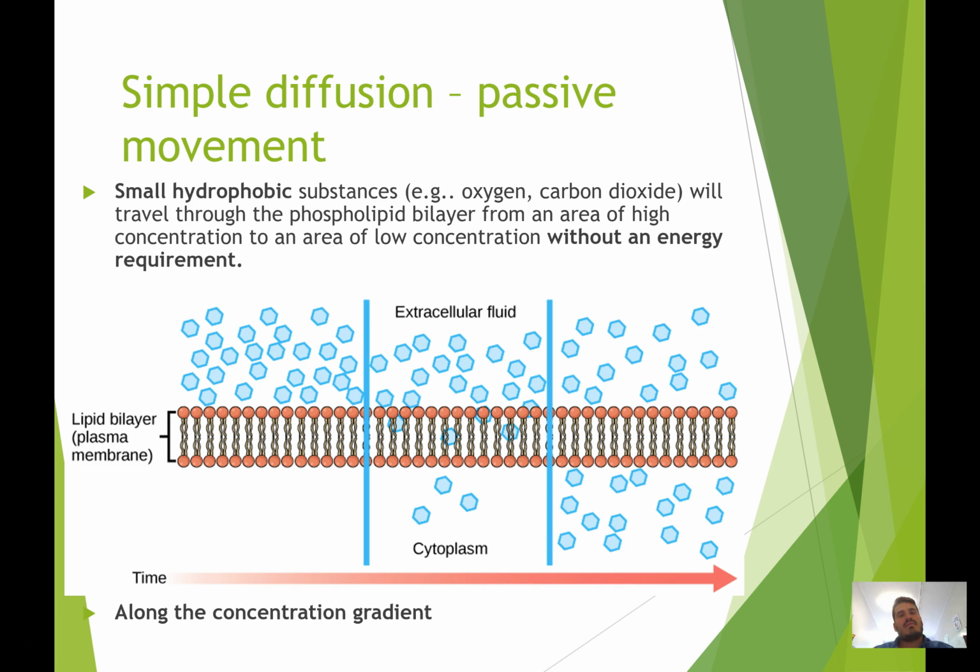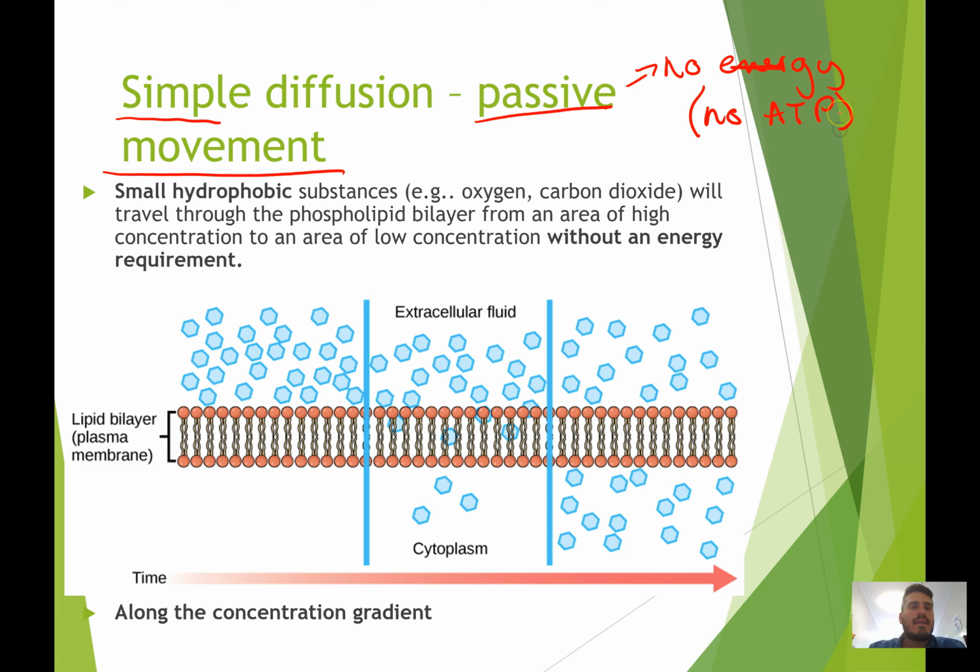Alright, the first process of actually getting through the plasma membrane is called simple diffusion. Simple diffusion means that it's using a passive movement system. Passive means no energy, or if you're a biologist, no ATP required.